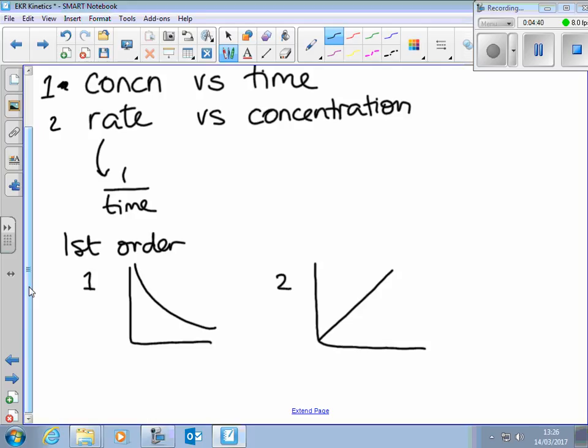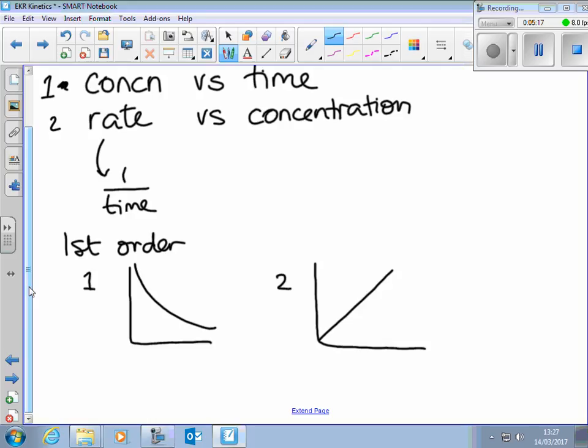But if you are trying to find a rate at a specific concentration, which is marked on that graph with a little asterisk, then you draw a tangent, and he's done it the easy way on here by just getting it to cross the axes, because it's so much easier to read off the values like that. The tangent is the gradient at that point. So y divided by x, the change in the vertical value by the change in the horizontal value. And you get your rate at that point.